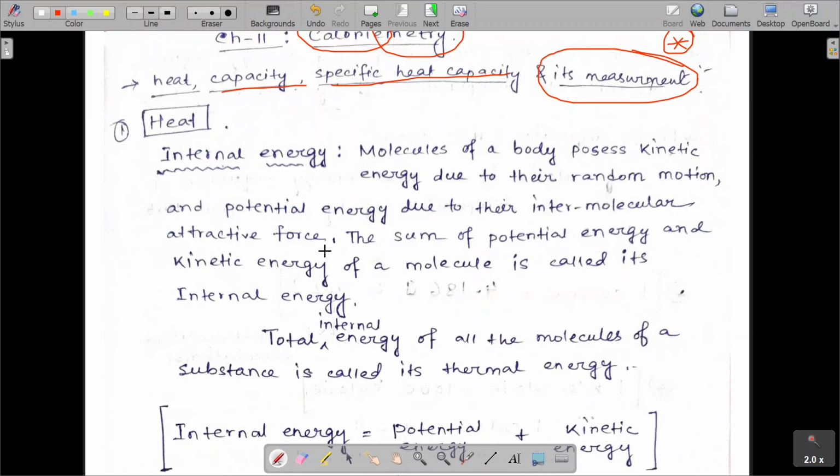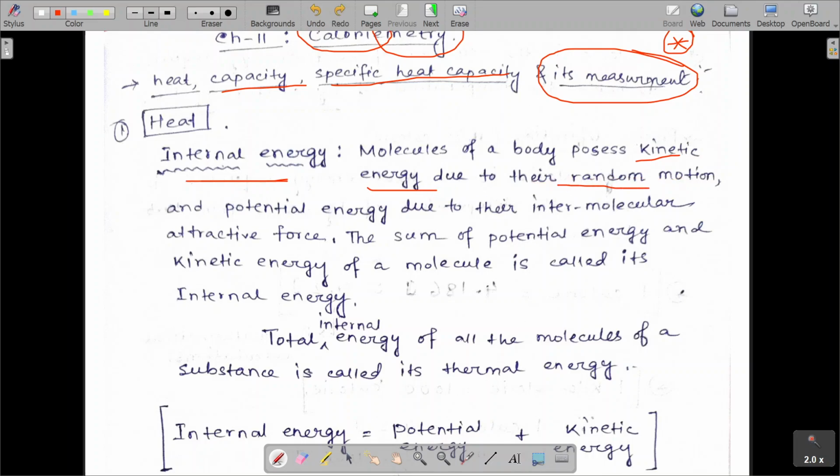To understand heat, we first have to learn some things. First is internal energy. What is internal energy? As we know, every body is made up of molecules. These molecules possess kinetic energy due to their random motion.